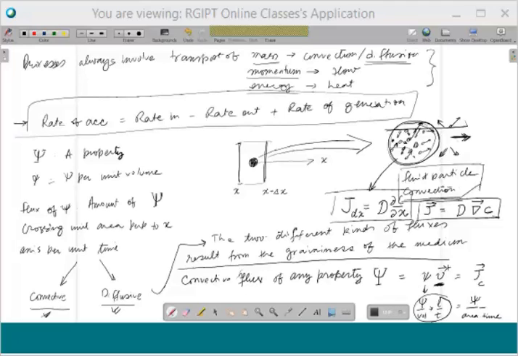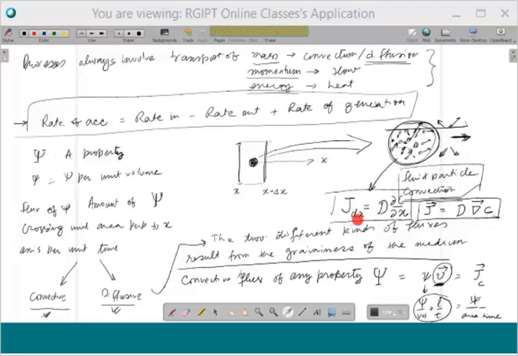Remember, the velocity I'm measuring is the convection velocity, associated with the average velocity of the particles, which may have slight randomness in the overall velocity distribution. So you have two fluxes, convective and diffusive. Convective has a very simple form given by this. We'll come to diffusive now.